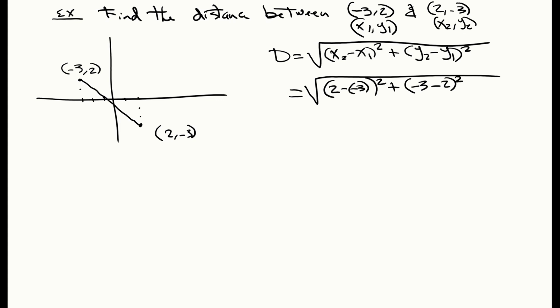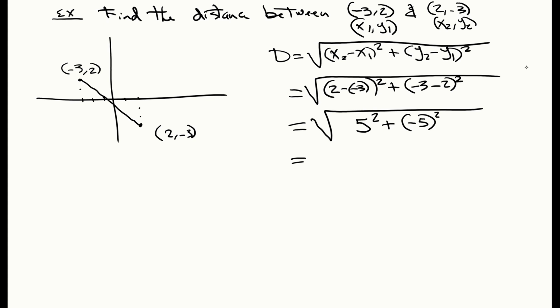So now we're just going to proceed with simplifying that. And here we realize 2 minus -3 just becomes 2 plus 3, so that's 5 squared. And we know -3 minus 2 is -5, so here we get quantity -5 squared.